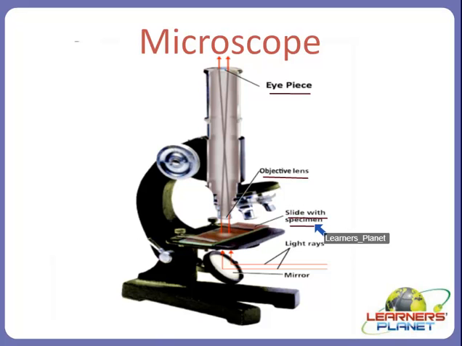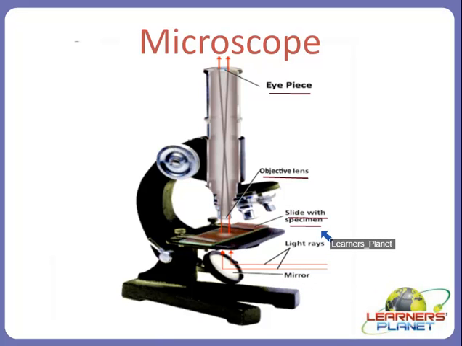So let us quote one example. If we have to observe the microorganisms present in the water, what do we have to do? We have to collect the sample of the water which we want to study, and from that, just a small drop of water is placed over the slide.